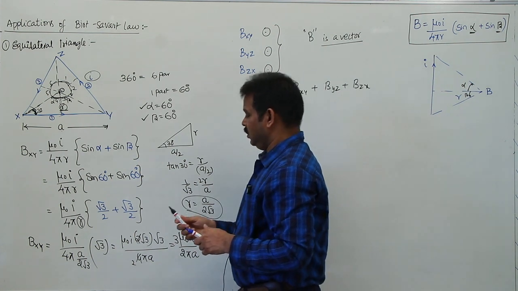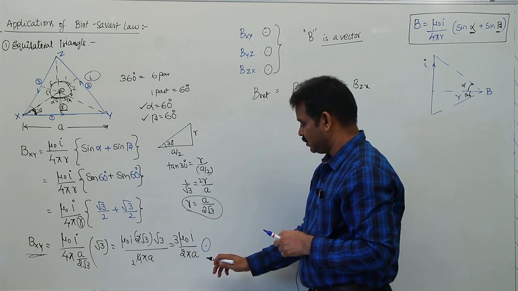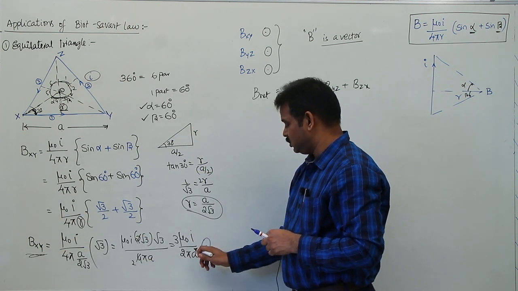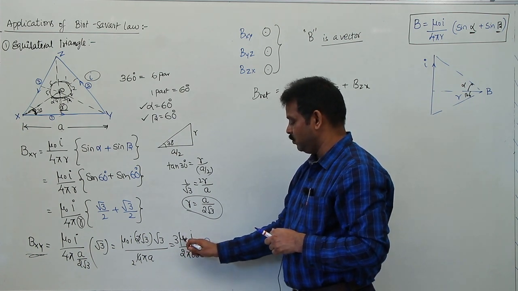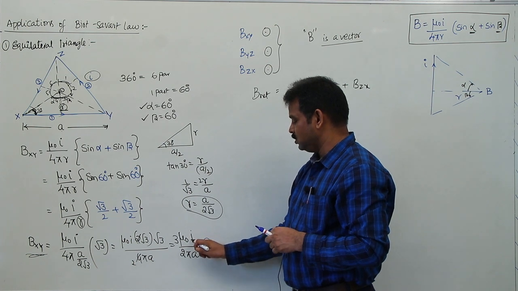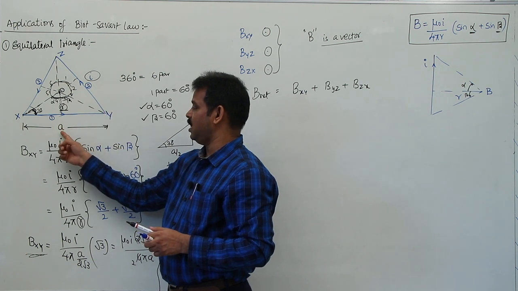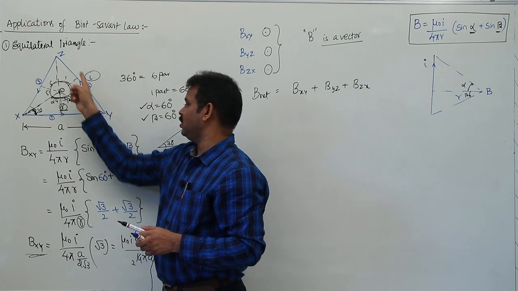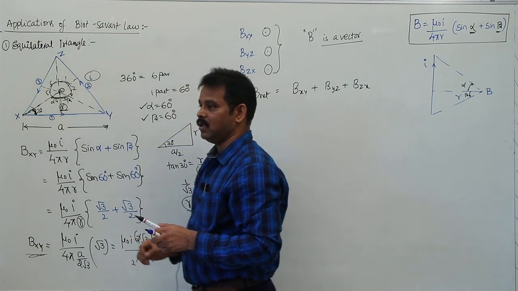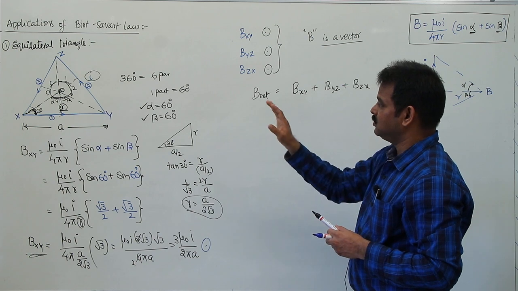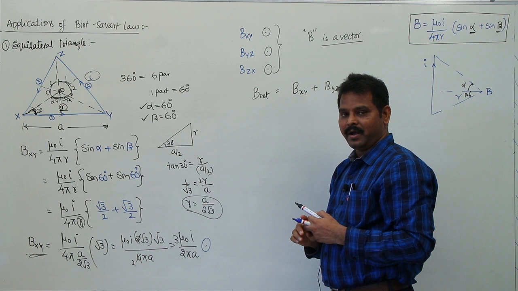But you can see the magnetic field due to this XY side, one of the sides, depends upon the current flowing through it and the side of the triangle, and all other constants are constant. 3 mu naught by 2 pi are constant. It only depends on current and side. For this XY side, length is A, current is I. For this also length A, as it is an equilateral triangle, length A, current I. This also length A, current I. So all the three sides of the triangle will produce equal magnitudes of the magnetic field.